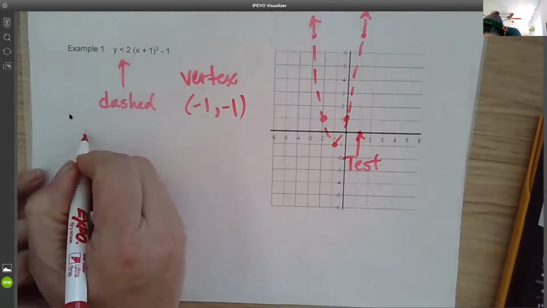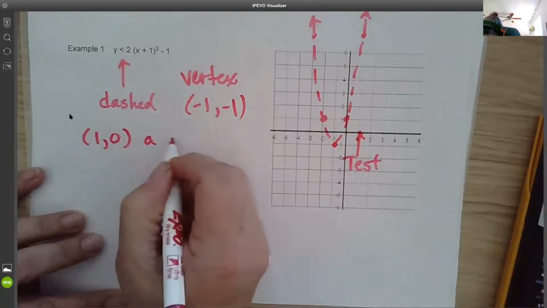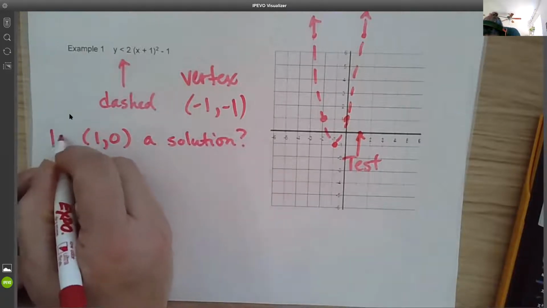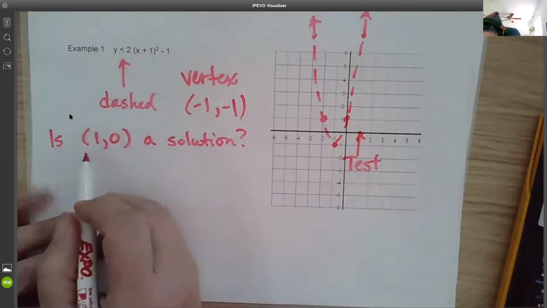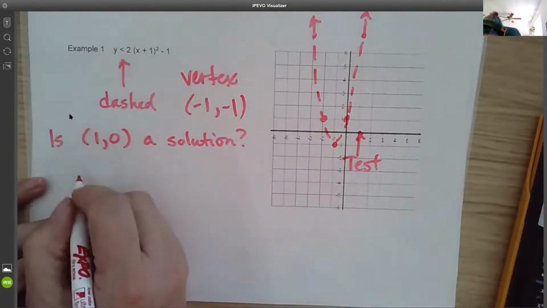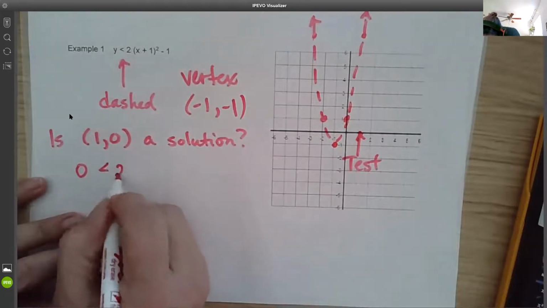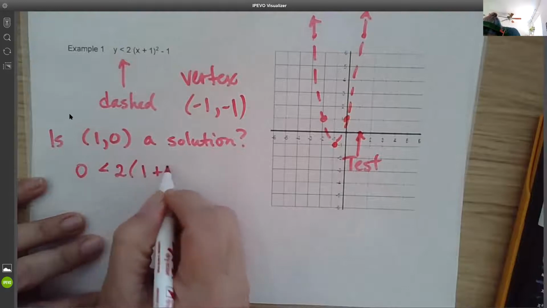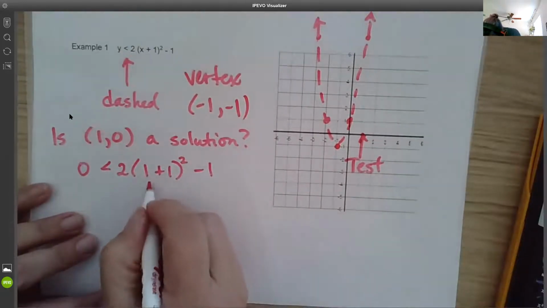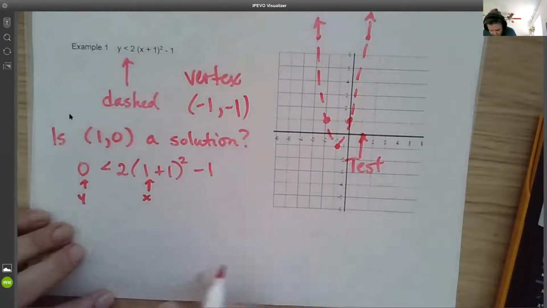To use a test point, I plug in for x and y into my inequality and see, is this true? So I need to know, is 0 less than 2 times (1 plus 1) squared minus 1? This is my x for my test point. This is my y for my test point.